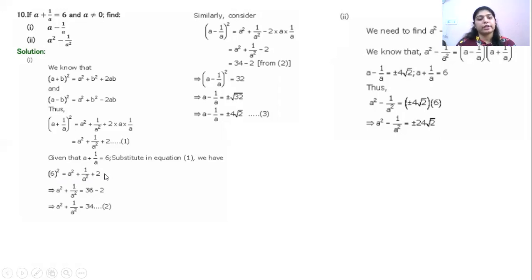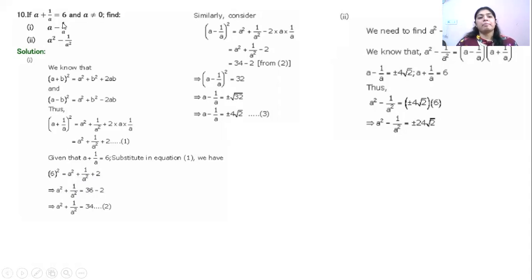And the square of 6 is 36. When this 2 changes its side and comes to the left-hand side from the right, the positive will become negative. a² + 1/a² equals 36 − 2, which is 34.